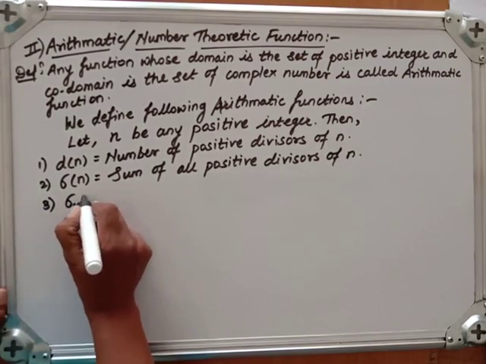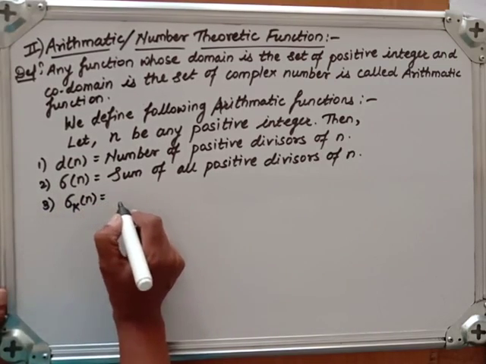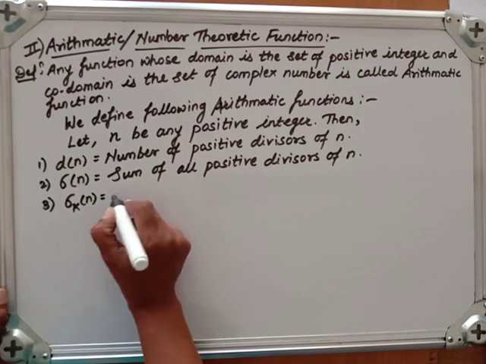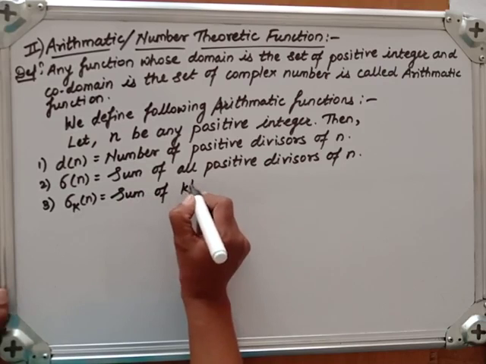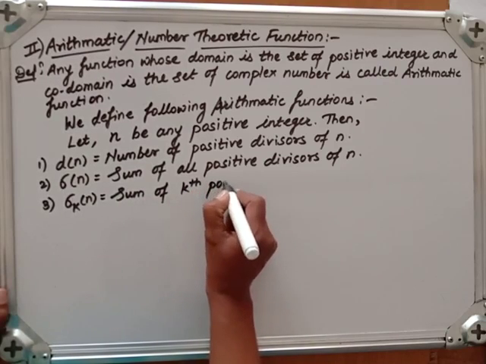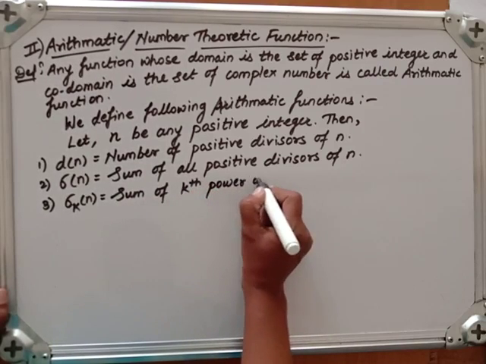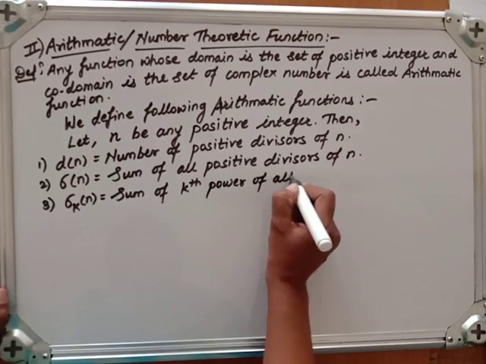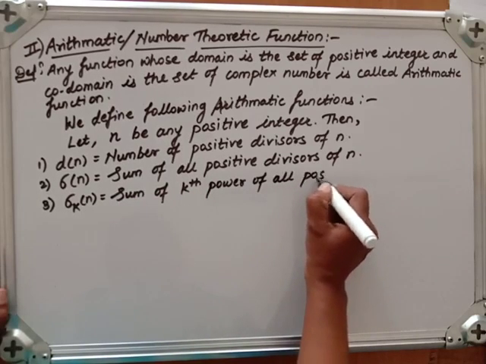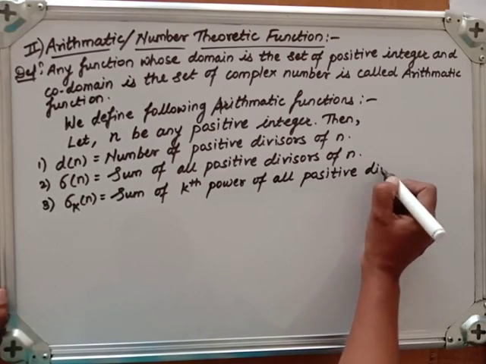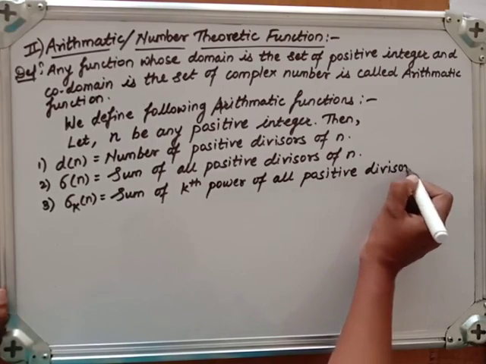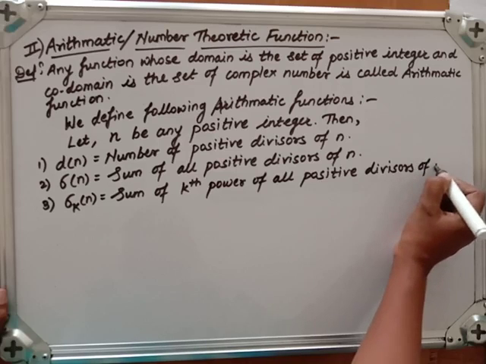Then sigma_k(n). What is it? It is the sum of the kth power of all positive divisors of n.